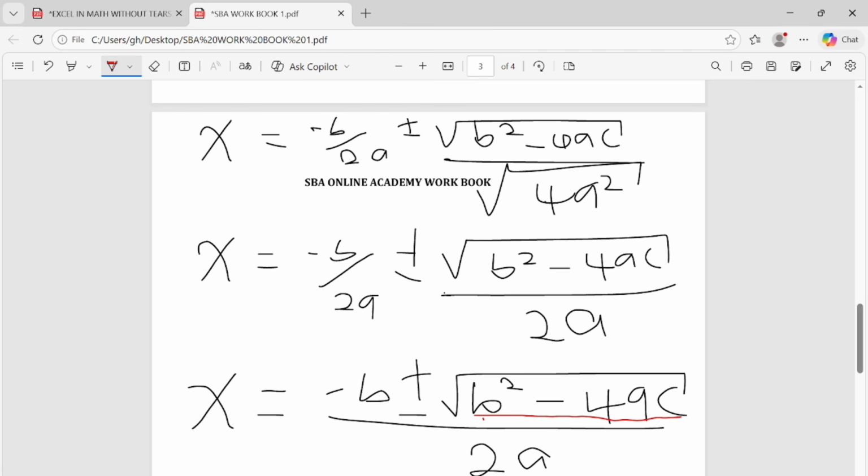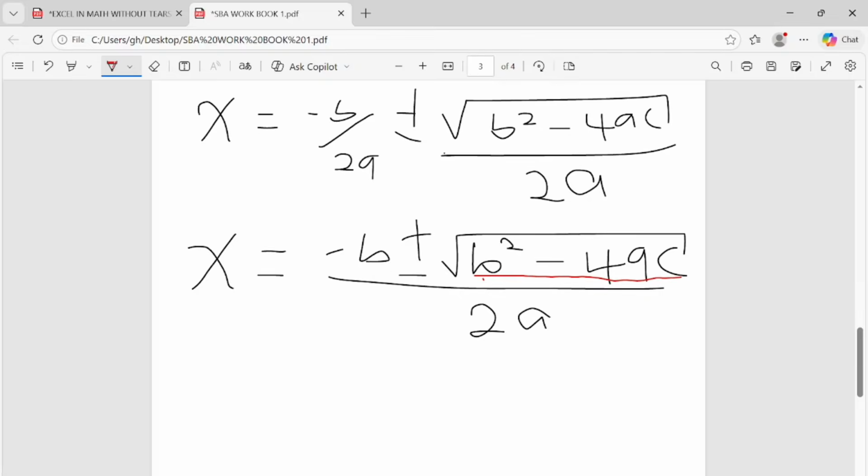So now, after knowing how to derive the quadratic formula from completing the square, let us look at how we can use this method to know the nature of roots.